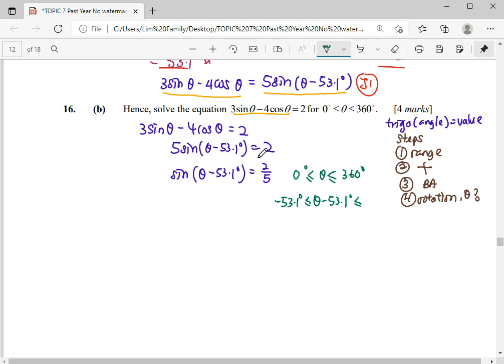And 360 minus 53.1 will become 306.9. So therefore our range, according to the question we have here, starts from a negative angle until 300 something.